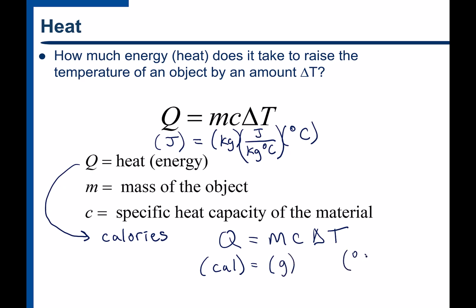Temperature is almost always in degrees Celsius, and so notice that what that means is the units for specific heat capacity in that case would need to be calories per gram degree C. So if you look up the specific heat capacity of a material on the internet, you have to watch out for what units it's in. It could be in joules per kilogram degree Celsius, or it could be in calories per gram degree Celsius.